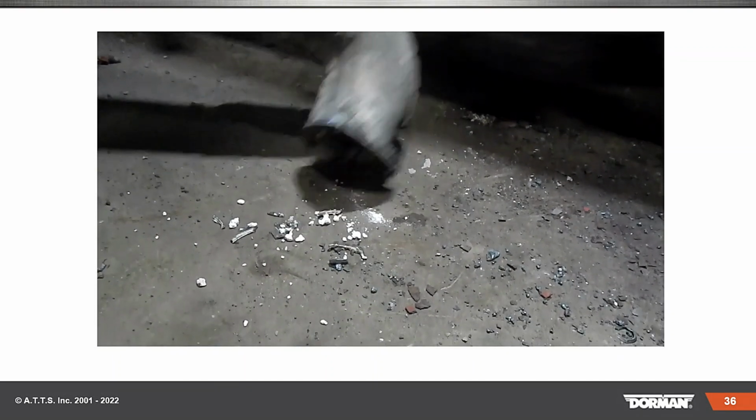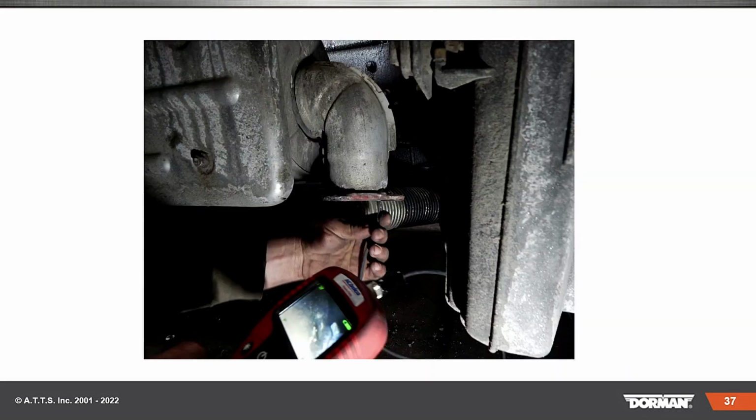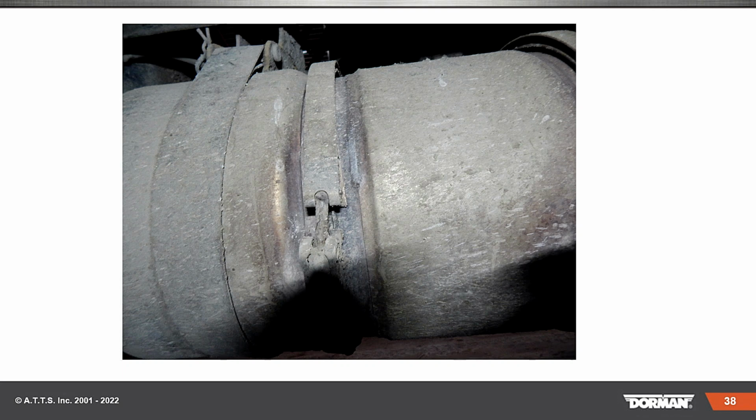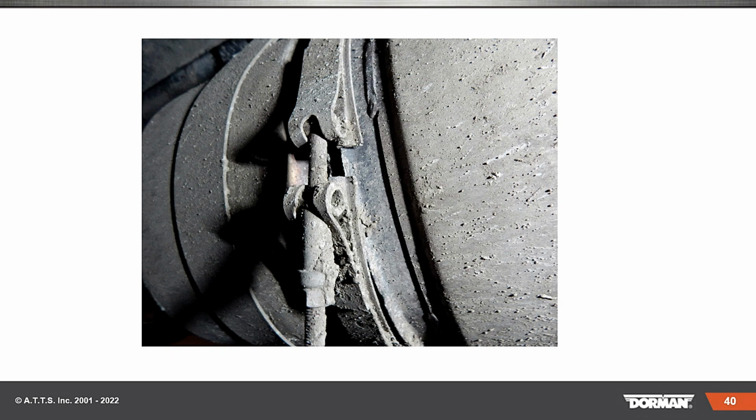How long has this been going on, right? Looking up the pipe over there. So this had multiple problems too, by the way. You can see on this, the clamps, the bolts themselves, they've been on forever, but look how they're splitting open over here.